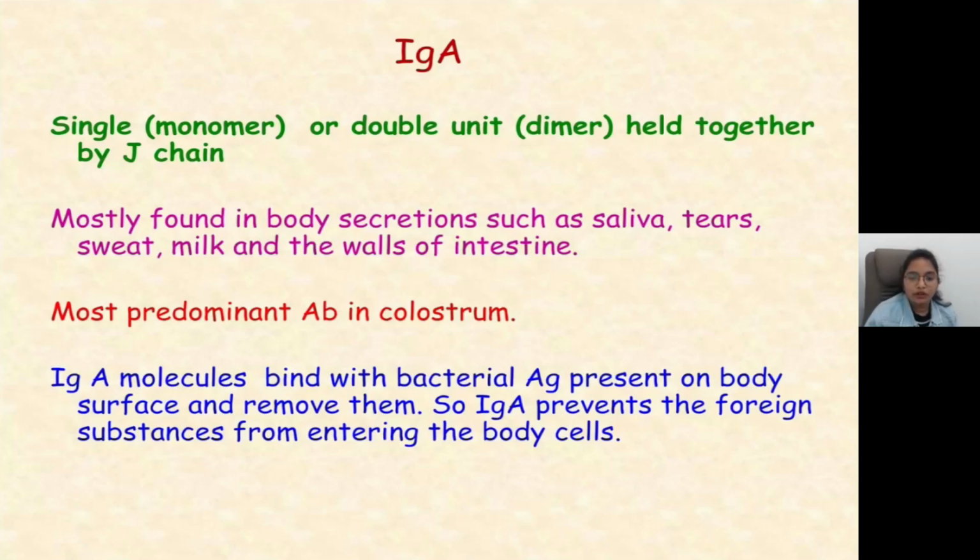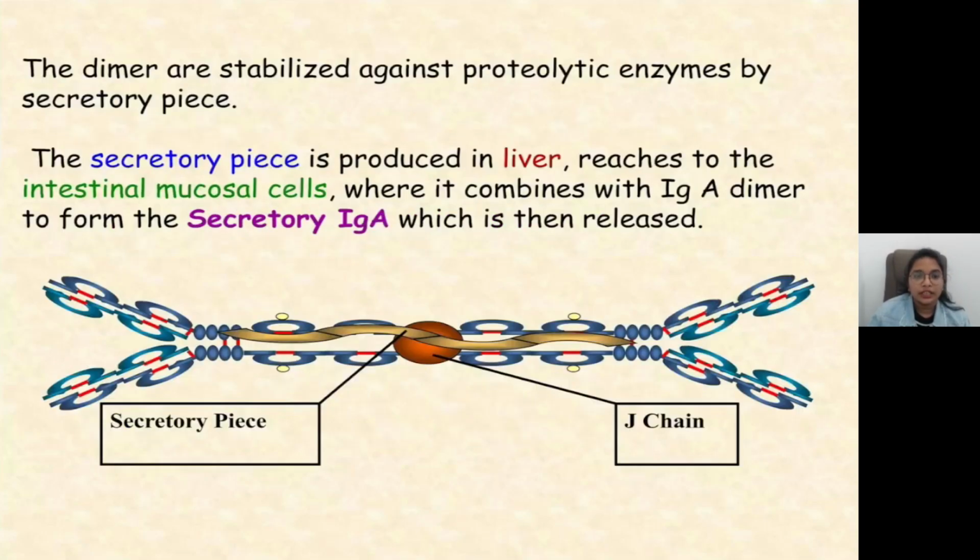IgA molecules bind with bacterial antigens present on the body surface and remove them. So IgA prevents foreign substances from entering the blood, right? They help on your surface and mucosal surfaces. The dimers are stabilized against proteolytic enzymes by a secretory piece.